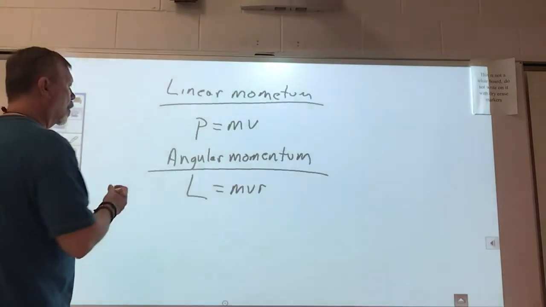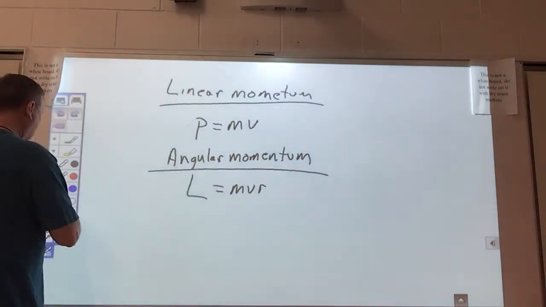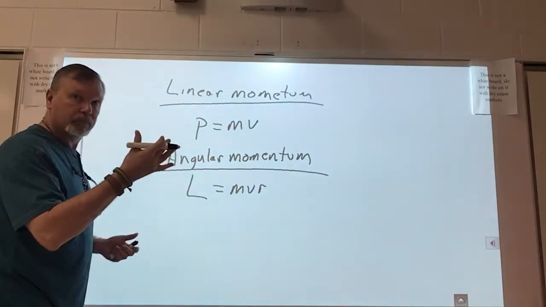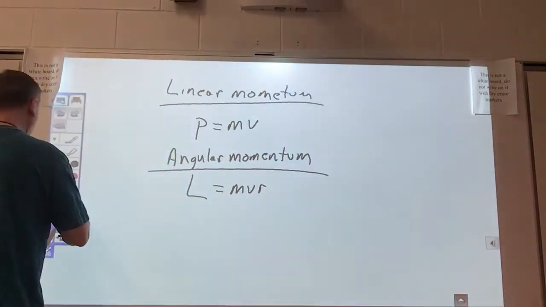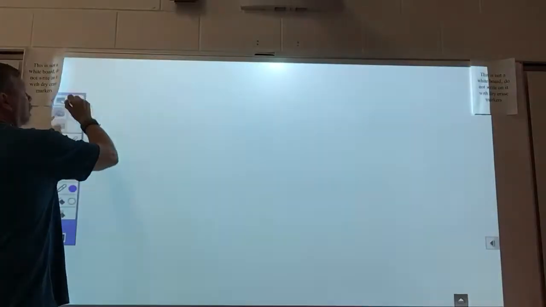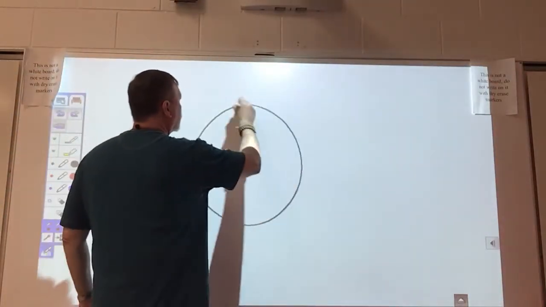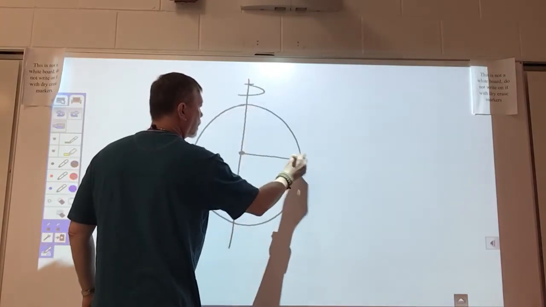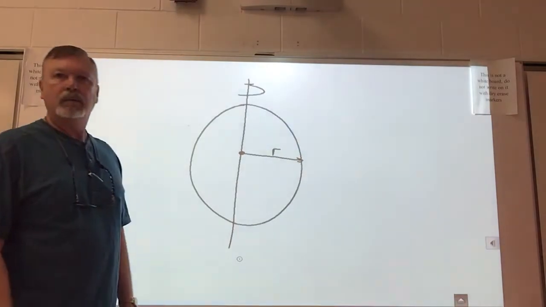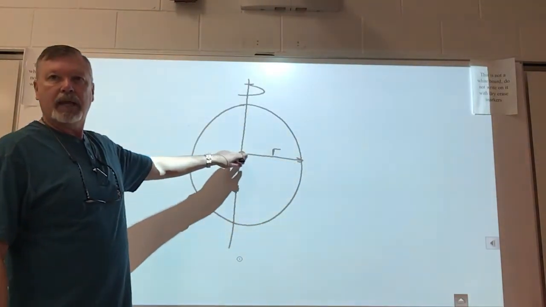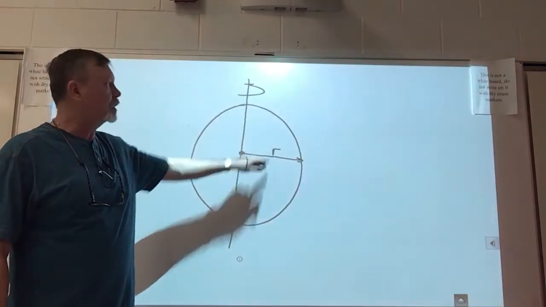Okay? So if we are talking about an object, let's take the Earth, because it's an object and it rotates. Remember, it rotates around its axis of rotation. Here's the center of the Earth. That is R. The distance from the center of the Earth to the surface of the Earth, that is R. And that's what R represents in that equation.